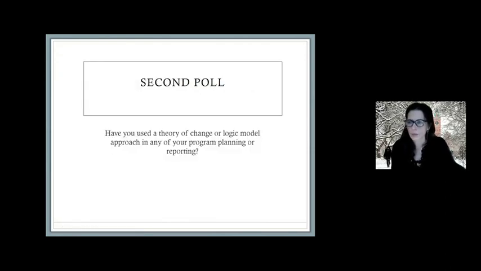Okay, that brings us to our second poll. I'm just curious to know, have you used a theory of change or logic model approach in any of your program planning or reporting so far? So if you could just inform the rest of the group, where are you on this? How many of you have not used this before?